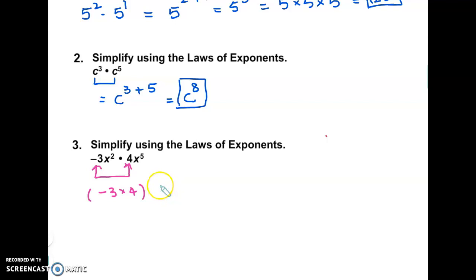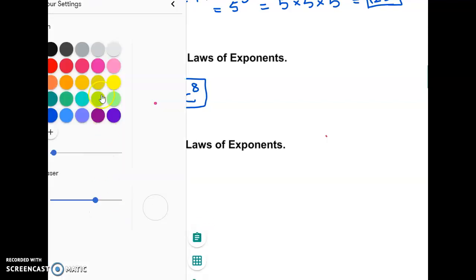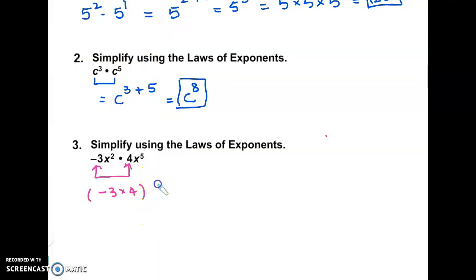And then I'm going to write down the variables, x to the 2nd exponent times x to the 5th exponent. Negative 3 times 4 gives you negative 12.